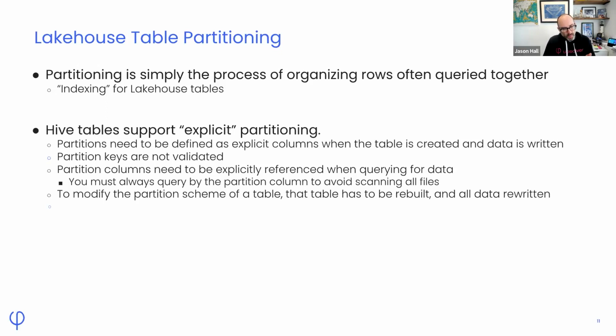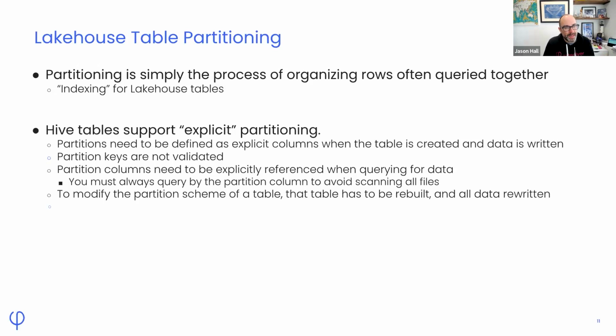That's the reason we call it explicit partitioning: you are specifically defining the partition column when you create the table. And when you write data into that table, you have to explicitly map each record with a partition key that follows the partition column, right?